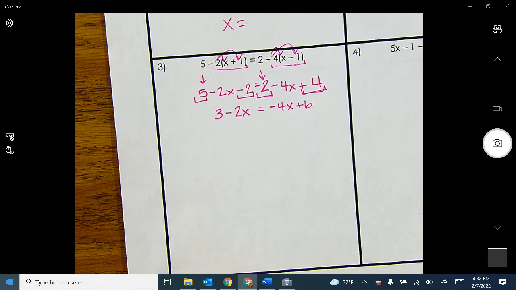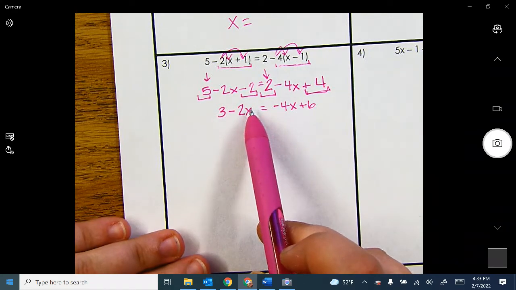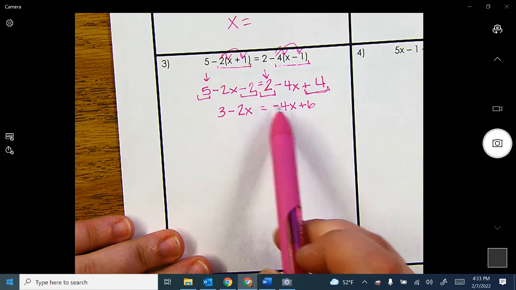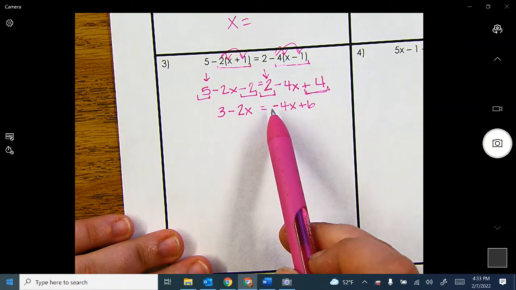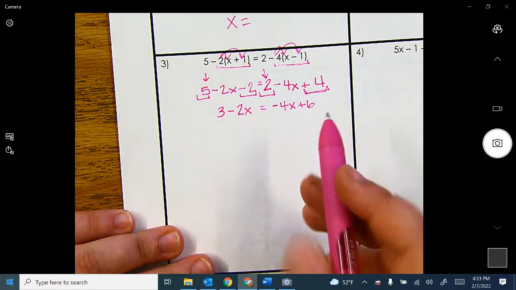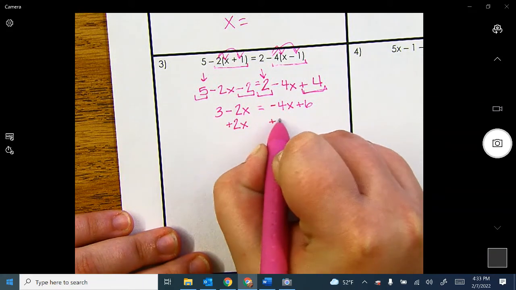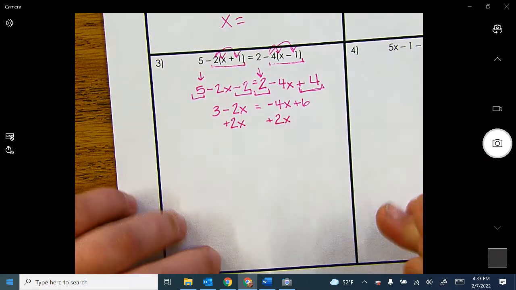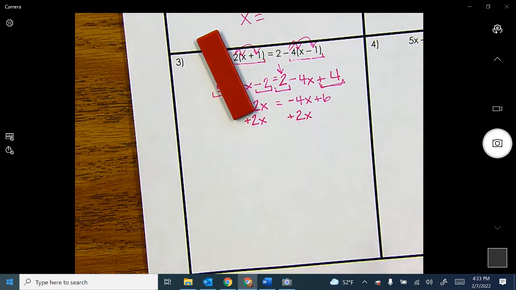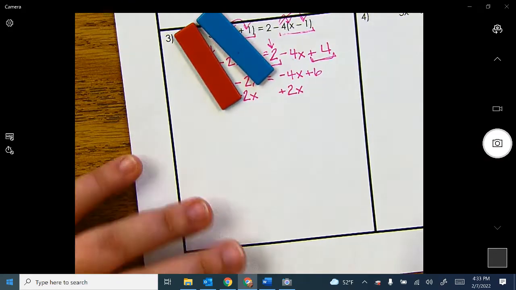So now I need to start doing those matching sets. Right away, I see that I have negative x's on both sides. I see 2 negative x's here, and more than 2 negative x's over here. So to get rid of that, I'm essentially adding 2x to both sides. If I have a negative x and I add a positive x to it, that equals 0.